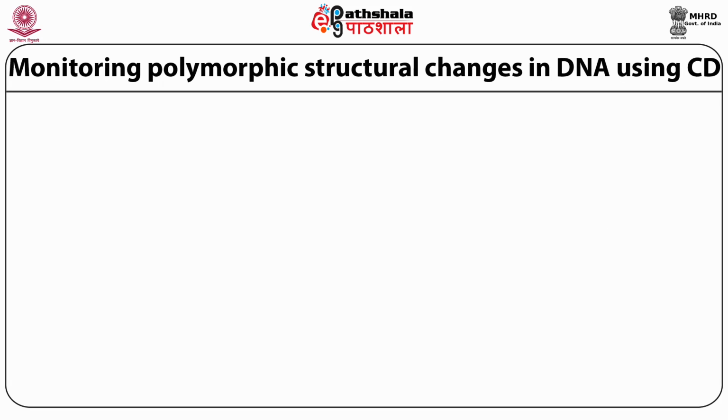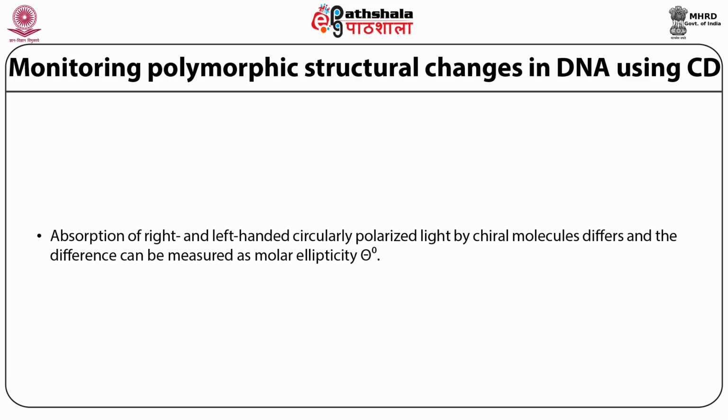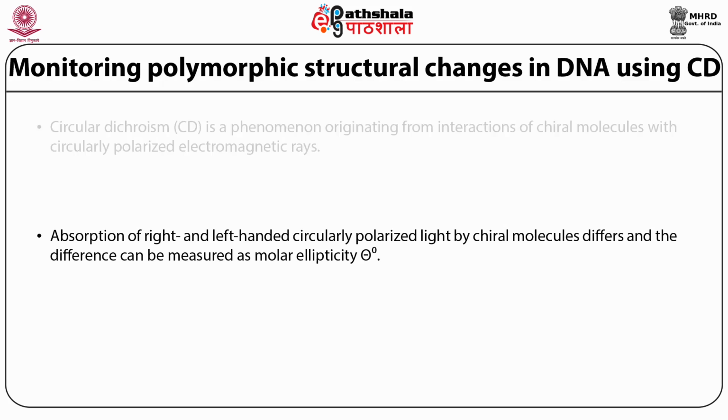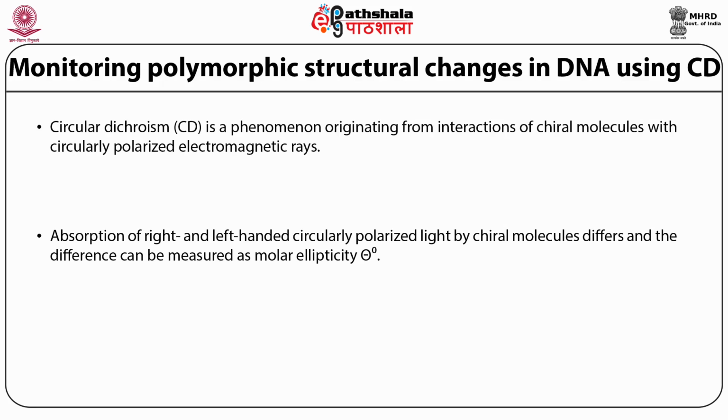Monitoring polymorphic structural changes in DNA using CD spectroscopy. Circular dichroism is a phenomenon originating from the interaction of chiral molecules like DNA bases with circularly polarized electromagnetic rays.